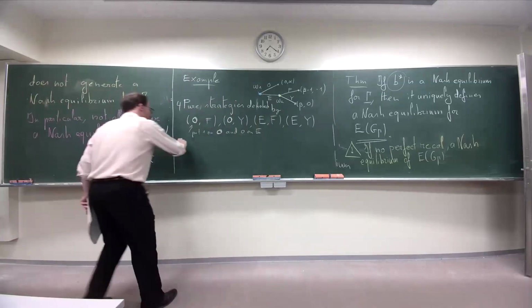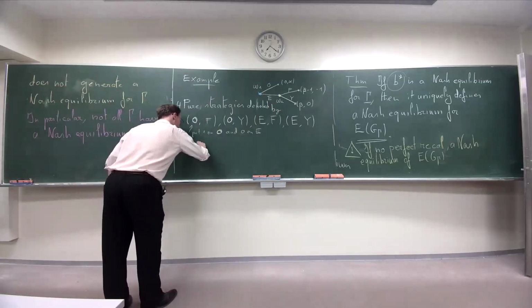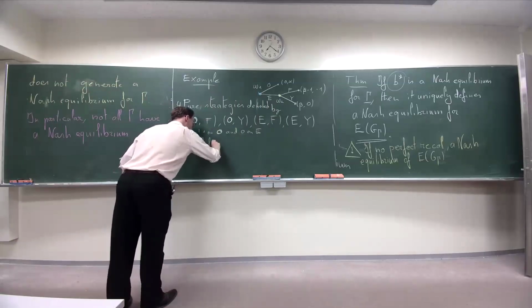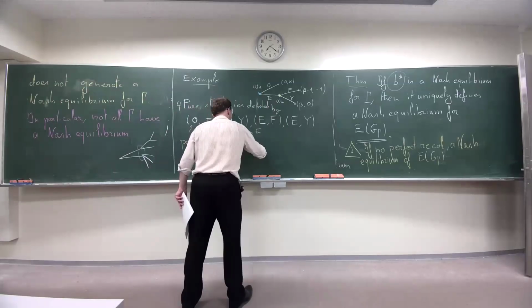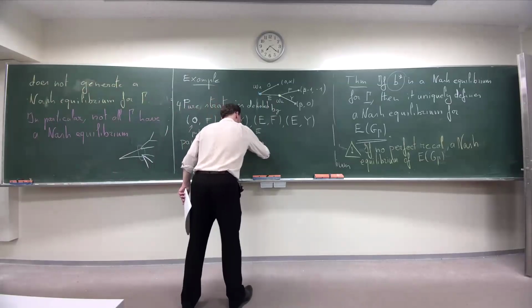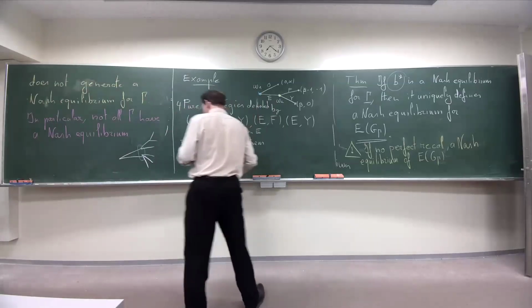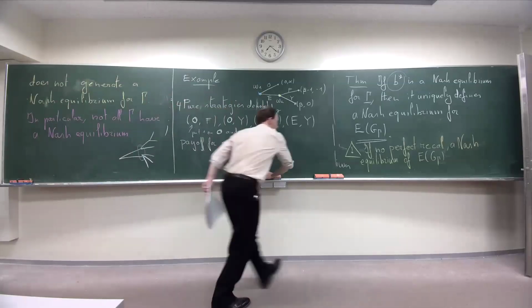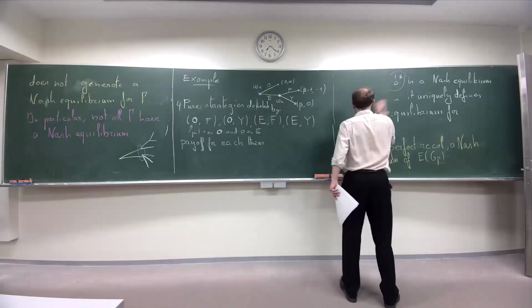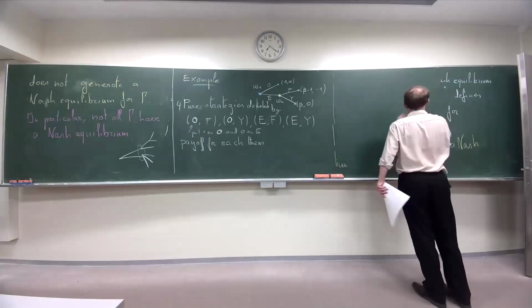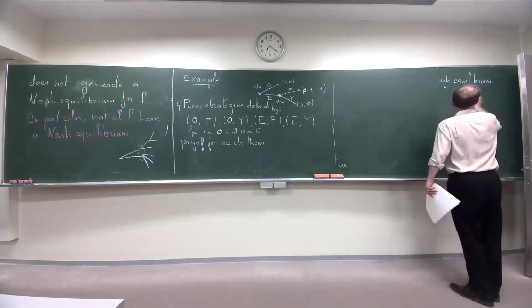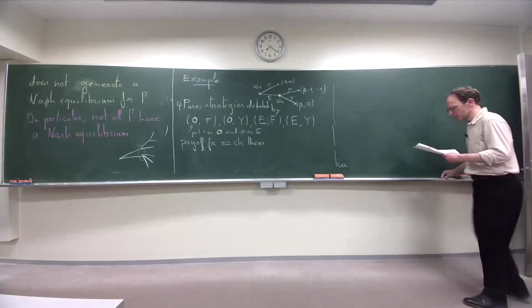Now we have to define the payoff for each of them, because the payoff was defined on strategies. And we have a formula. By the way, I need to say that alpha and beta are between 0 and 1. These are just two numbers between 0 and 1.